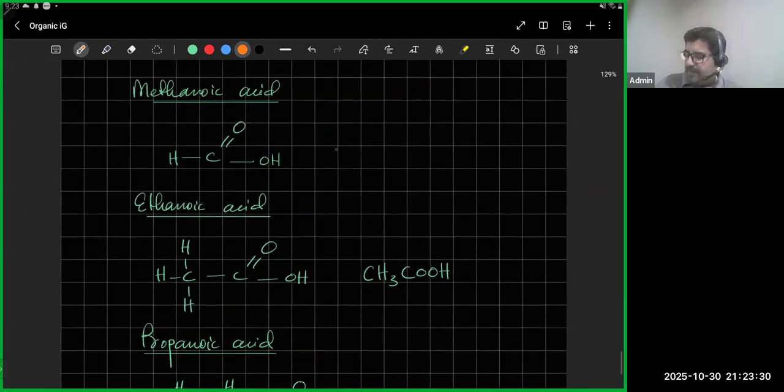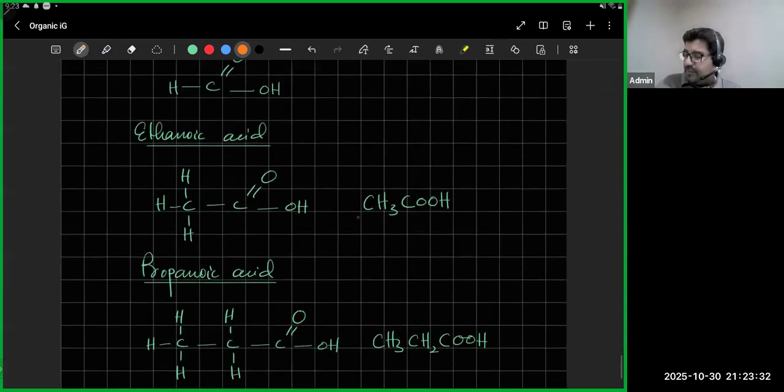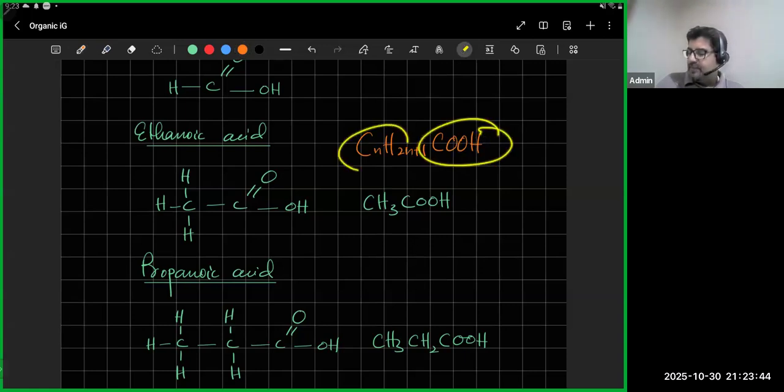If I want to write this general formula using this formula over here, this molecule has 2 carbon atoms. There's already 1 carbon atom over here, so there's going to be 1 carbon atom over here. So I'm going to take n equal to 1. 2n plus 1 would be 2 into 1 plus 1, that's 3.